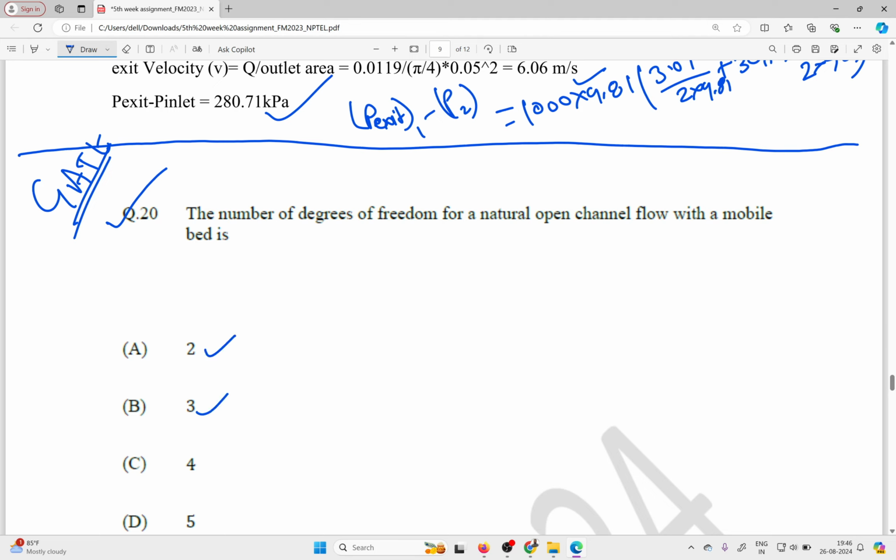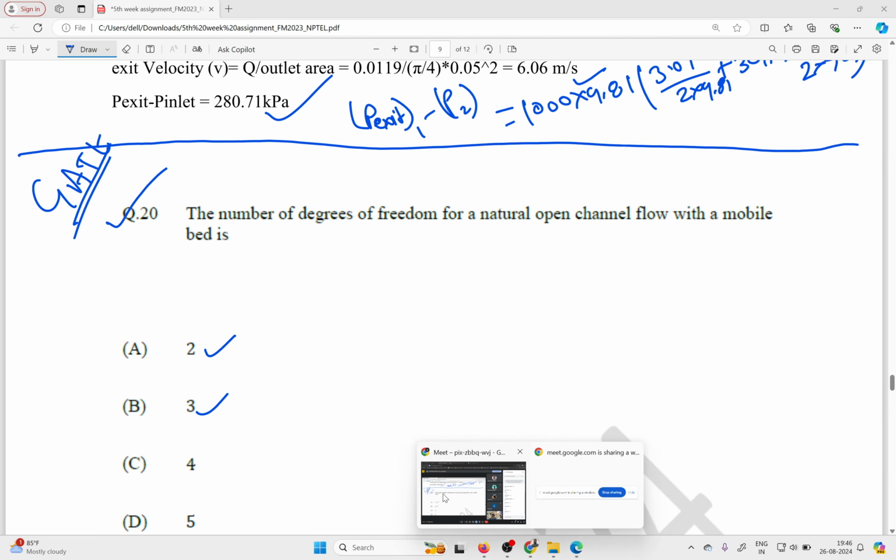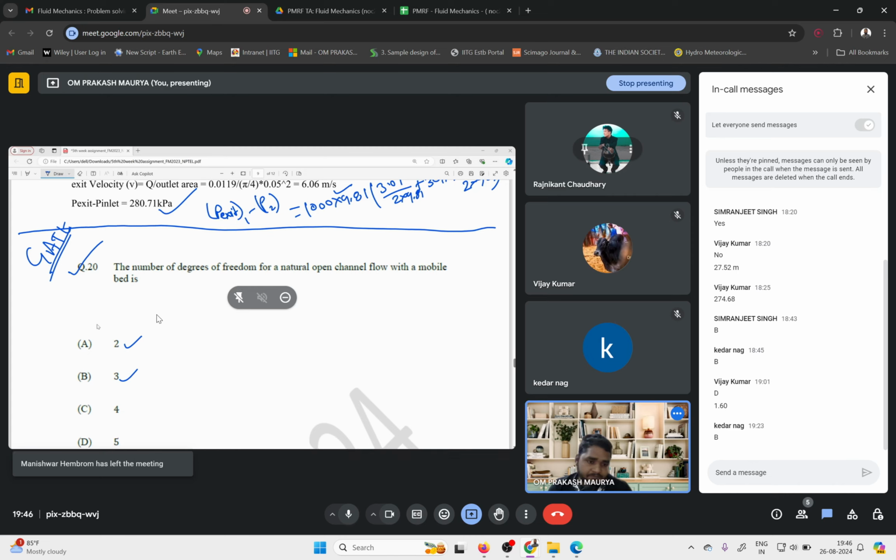Which option will be correct? Please try to give your answer in the chat box. Degree of freedom is what I am talking about. Please think on that and give your correct answer in the chat box.